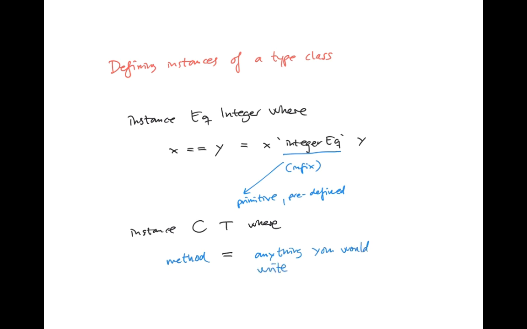Because all you're doing is specifying how to implement the function that's a type class method. So you can write anything you would write in a function definition.